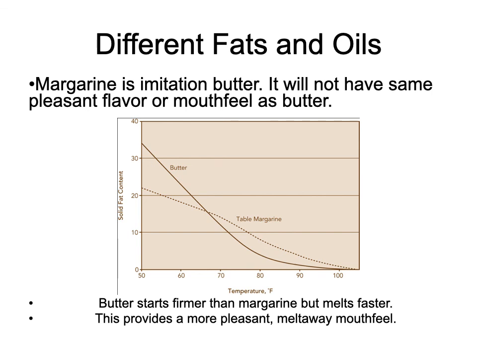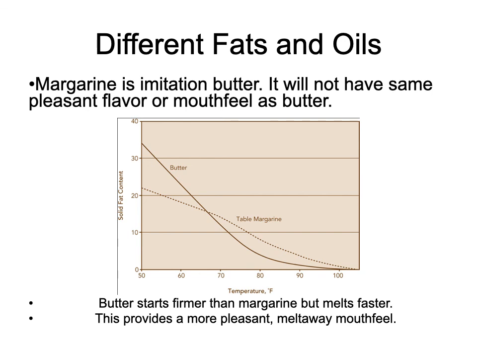The dotted line goes down here, and it still retains some solids all the way up until a little over 100 degrees Fahrenheit. Whereas butter, the solid line drops down, the solids drop down, and by the time it reaches 80 degrees Fahrenheit, most of the solids are gone. By the time it reaches 90, almost no solids are left, so it's almost completely liquid at that point.